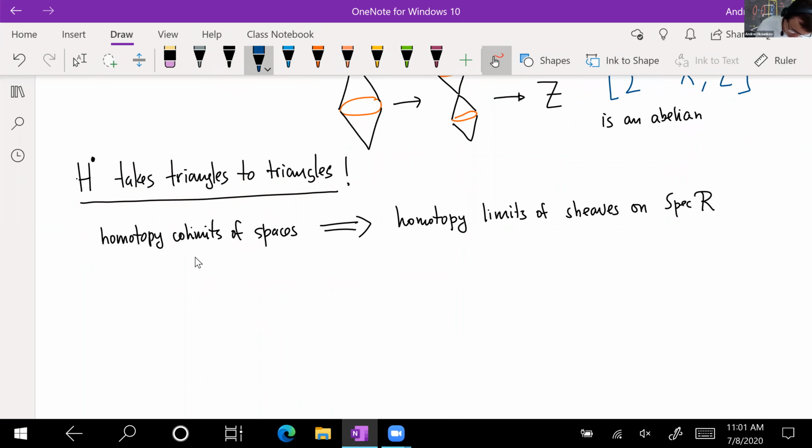Suppose I have, instead of one map, two maps. Suppose I have some space X and two different maps, maybe F and G, to some space Y.